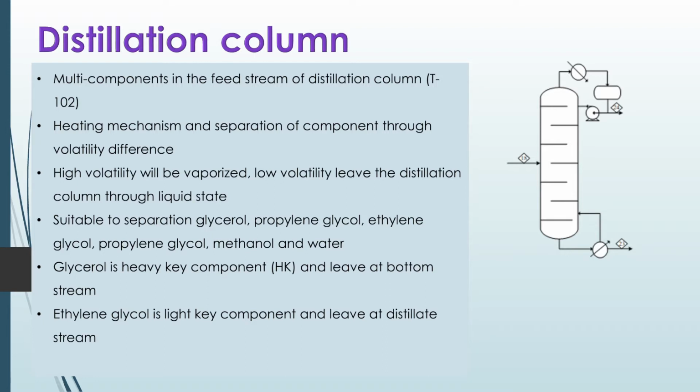For the unreacted glycerol, the boiling point is 290 Celsius. For ethylene glycol, the boiling point is 197 Celsius. For propylene glycol, the boiling point is 188.22 Celsius. While the distillation column temperature will be 229.8 Celsius.